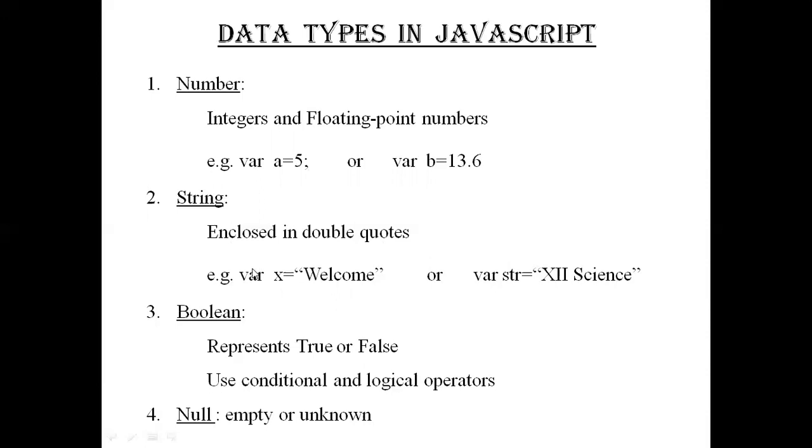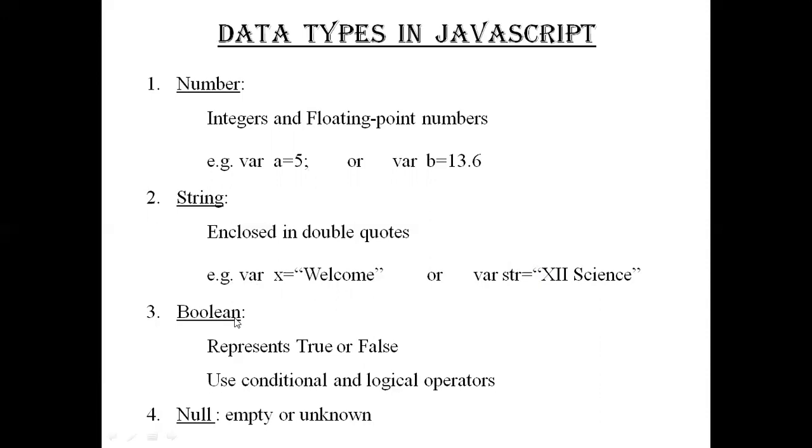So here I'm saying variable X is equal to any text which is enclosed in double quotes, or variable string is equal to 12 signs. This is enclosed in double quotes. So strings are used for storing text and they must be enclosed in double quotes always.